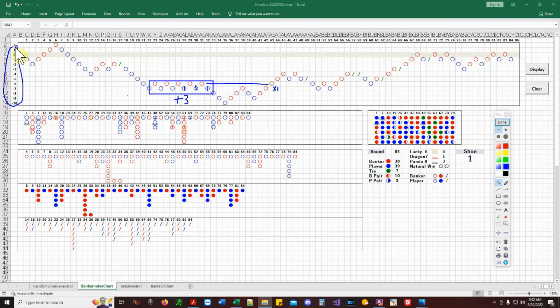When you're on the player side of the shoe, you bet resistance. Let me repeat myself. When you're on the player side of the shoe, you're playing off the banker and you're betting resistance. We'll talk about counterplays later.